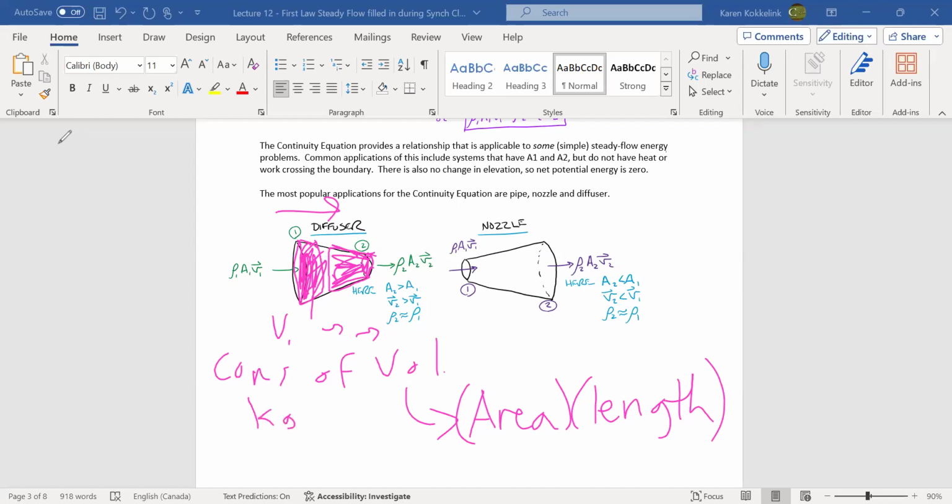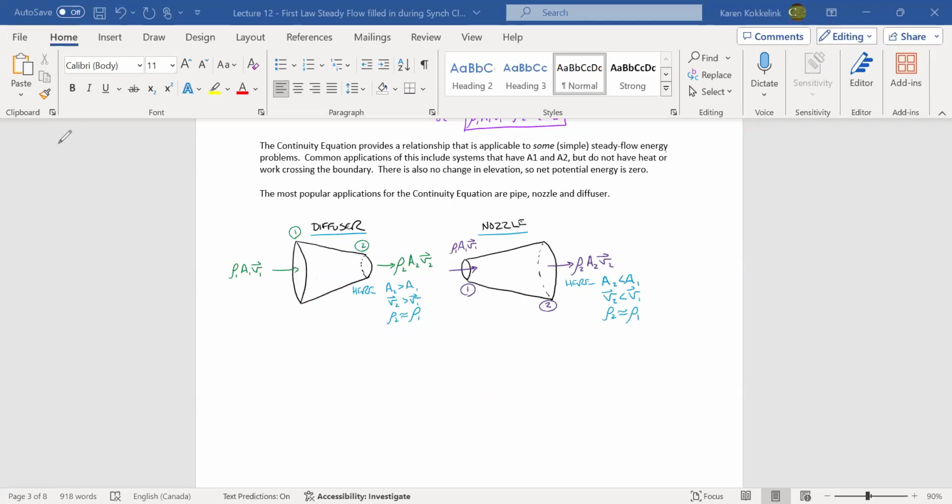So it's going to go from this hockey puck to basically this hockey puck shape. And in order for that to move through with that smaller area, this velocity must increase for it to fit through there.